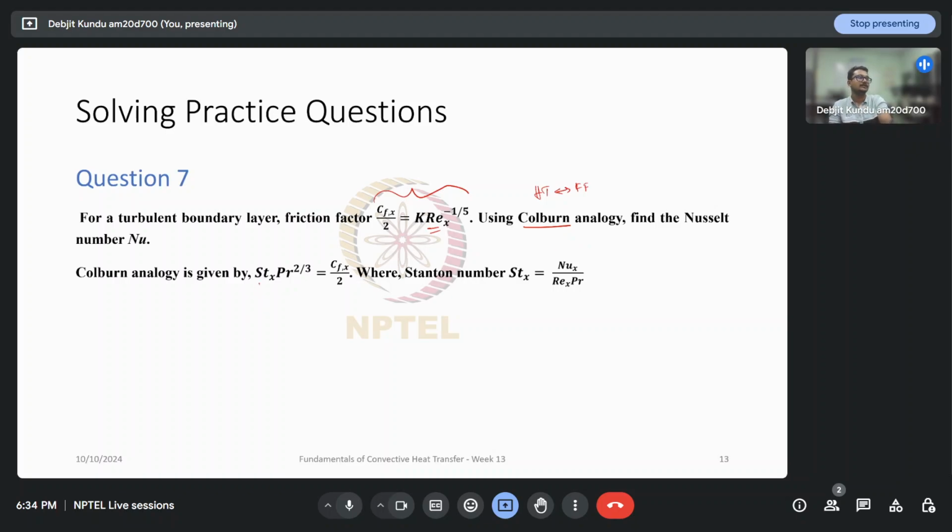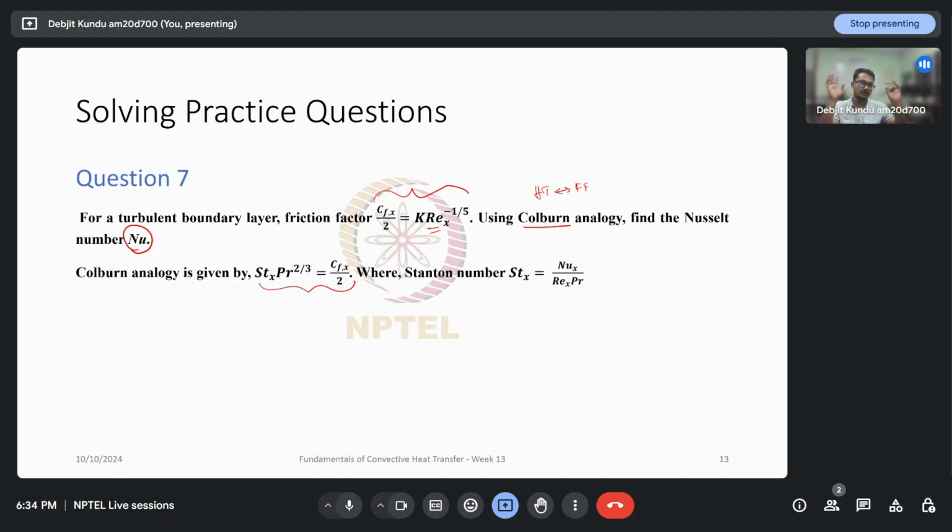The Colburn analogy is given by the Stanton number times Prandtl number to the power 2/3 equal to Cf x, the friction factor, by 2. The definition of Stanton number is also given: it's the ratio of Nusselt number to the product of Reynolds and Prandtl. You have to use that and find the Nusselt number Nu.